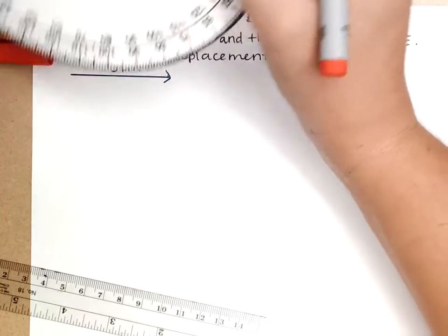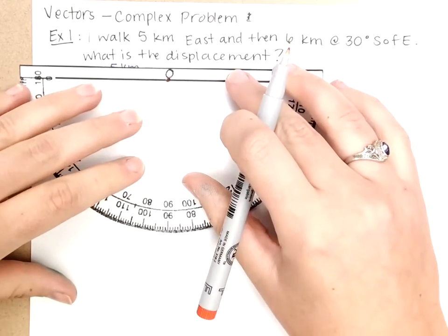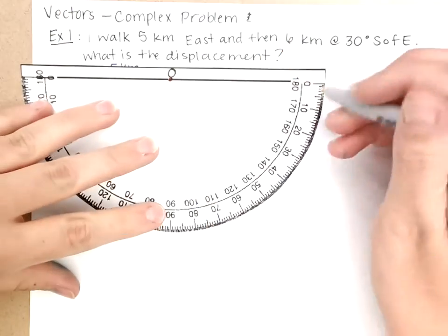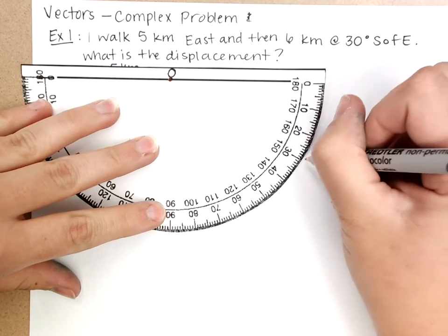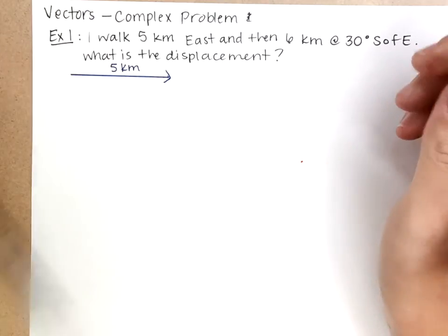So I could use a protractor to find that. It's 30 degrees. Here's 0. It's going to aim at this little dot right there, and it's going to be 6 kilometers long.